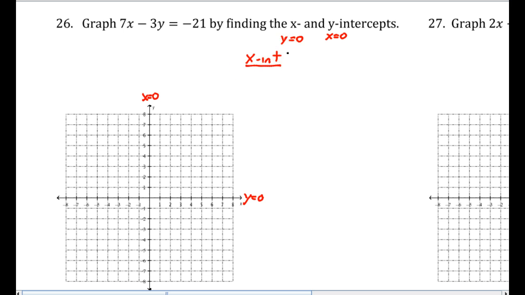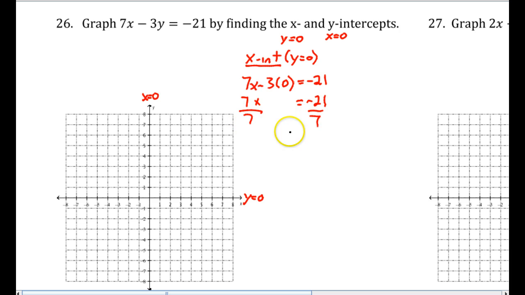Which means you plug in y equals 0. So I got 7x minus 3 times y, which is 0, equals negative 21. So 3 times 0 is 0, and 7x minus 0 is just 7x. Any part with the 0 is simplified and goes away.